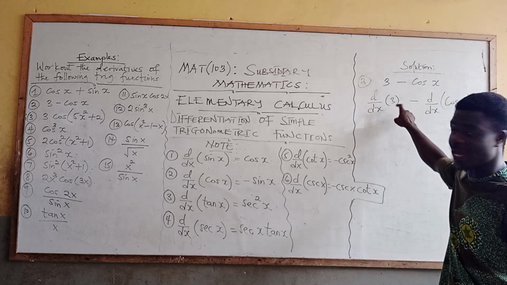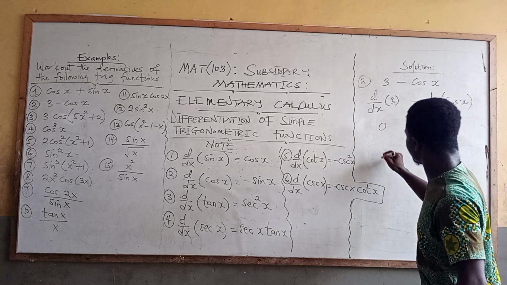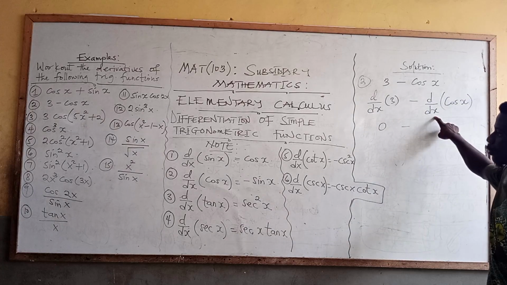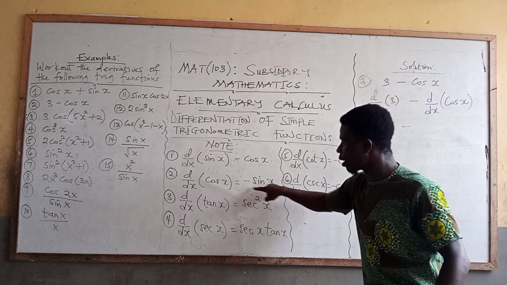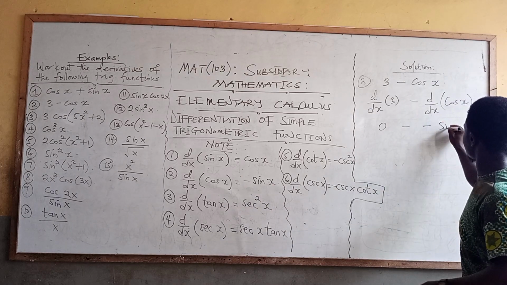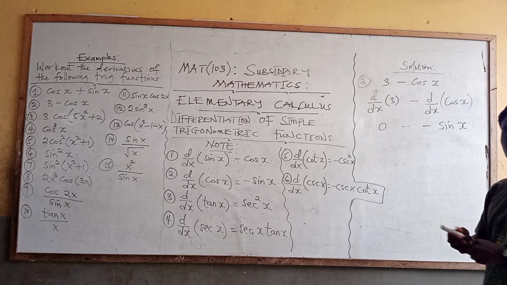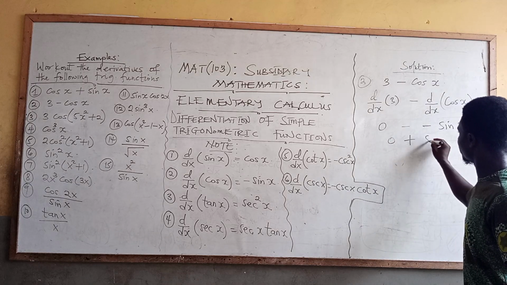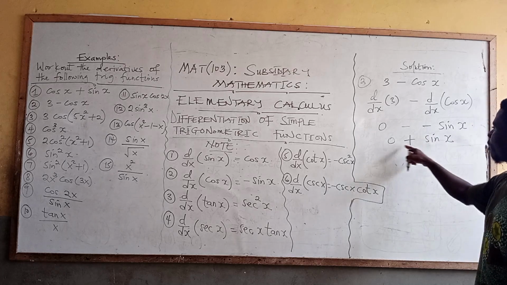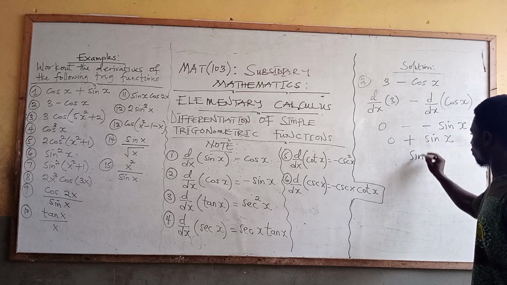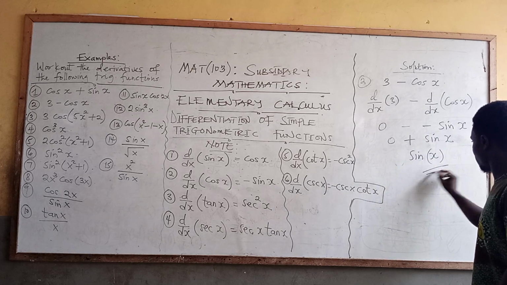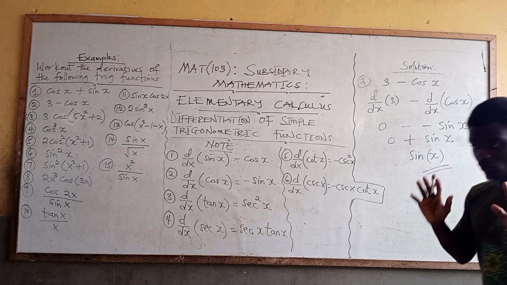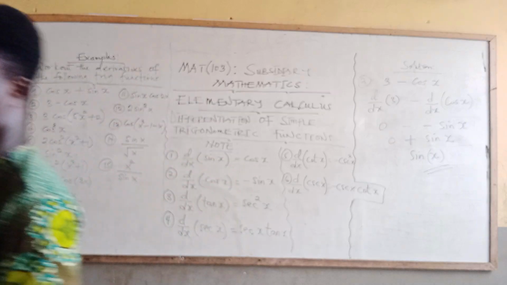There is no x term here, so it goes to 0. Minus, when you differentiate cos x with respect to x, you get minus sine x. So minus minus sine x gives 0 plus sine x, which is the same thing as sine x, which is very, very simple and very, very trivial as well.